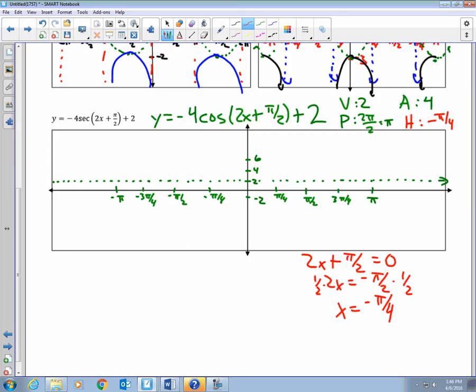I back it up how many spots? 1 tick mark. And then I continue on my pattern. That way, instead of showing 2 dash graphs, I just show 1.